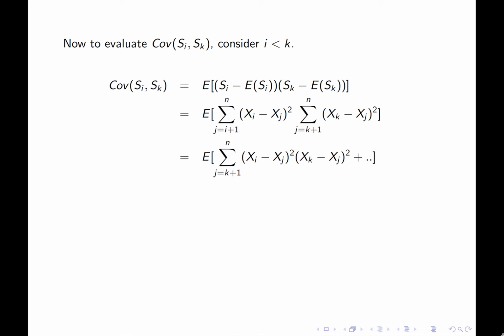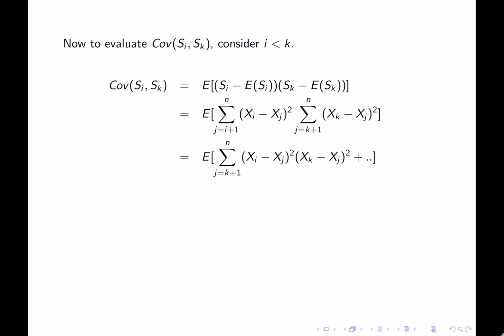Now this bit's interesting, because if you look at the terms inside the sums, if we were to expand everything out, if (x_i minus x_j) all squared was completely independent of (x_k minus x_j) all squared, then when you think of it, our x_j's have to be completely different, right?